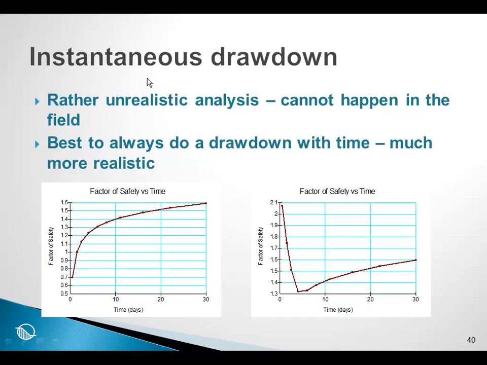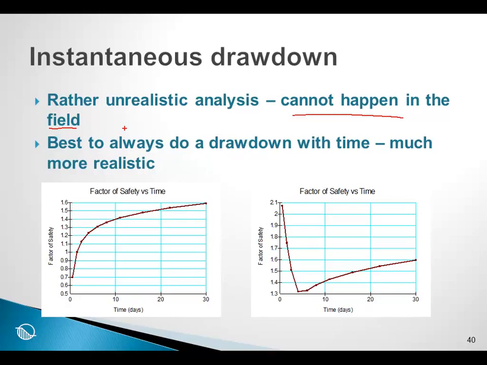While we can do an instantaneous drawdown, the results are rather unrealistic. This cannot happen in the field. It is impossible to remove the reservoir instantaneously, although this assumption is often made.